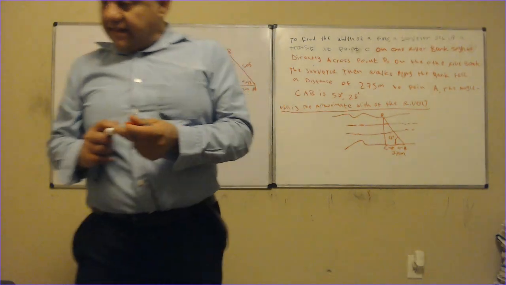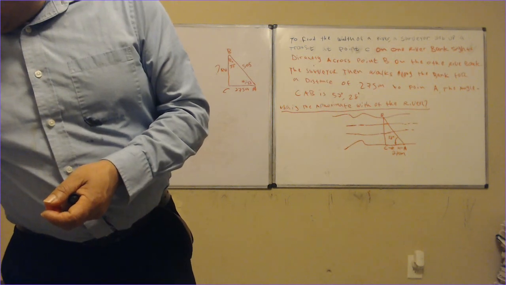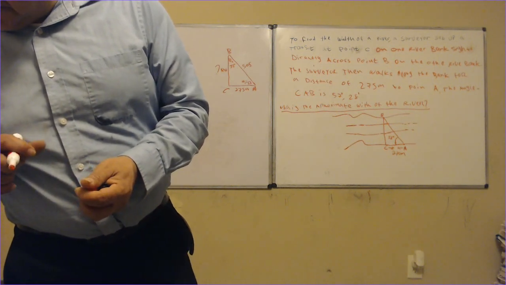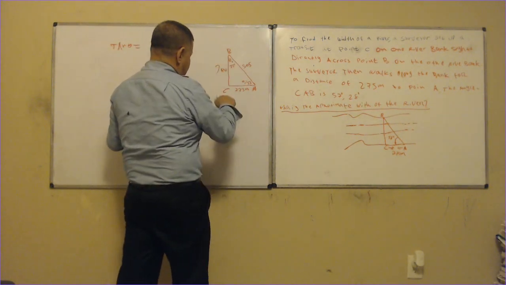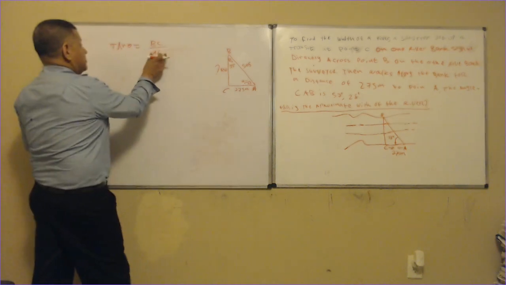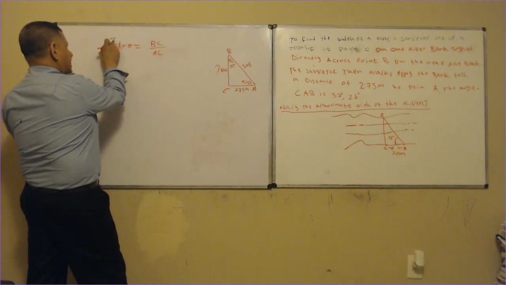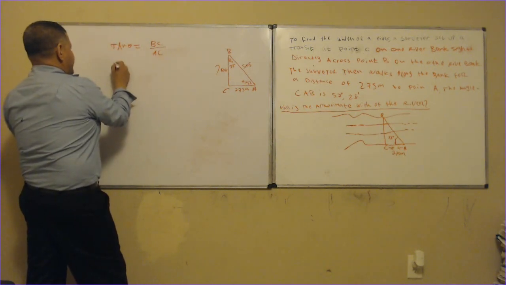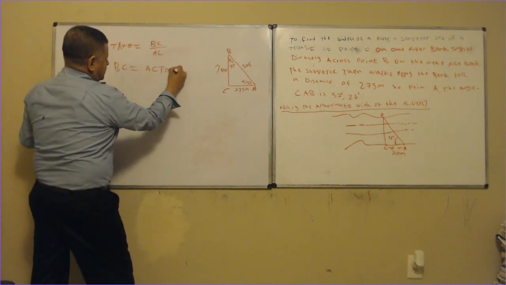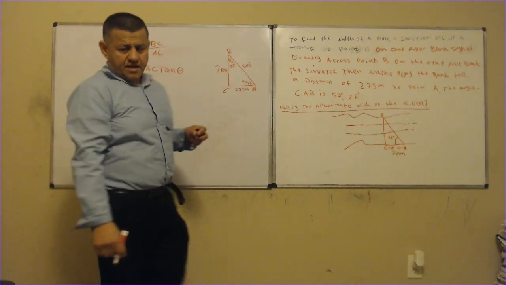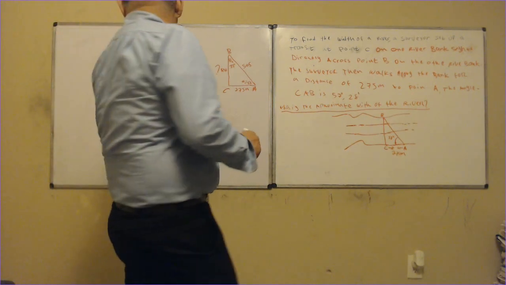So we can say that BC is equal to AC times the tangent of theta, right?